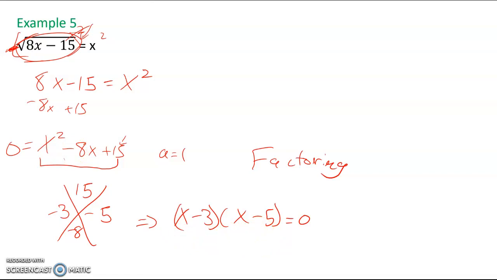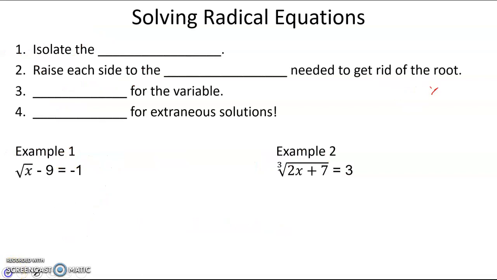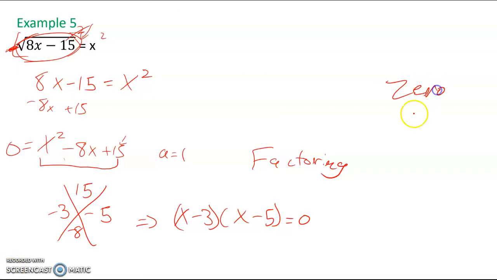Now, what we're going to use is something we call the zero product property, all right? Essentially, it says that if this times this is equal to 0, then to solve for x, we need to set this one equal to 0, and we need to set this equal to 0, and then solve for x.